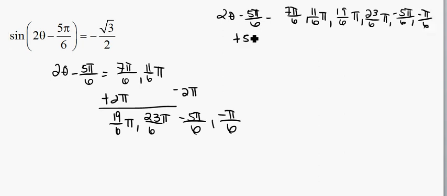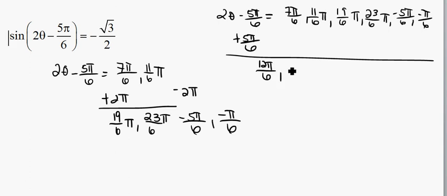So the first thing I'm going to do is add 5 pi over 6 to these 6 answers. So adding 5 pi over 6 gives me 12 pi over 6, 16 over 6 pi, 24 over 6 pi, 28 over 6 pi, 0, because 5 pi over 6 and negative 5 pi over 6 is 0, and negative pi over 6 and 5 pi over 6 is 4 pi over 6.